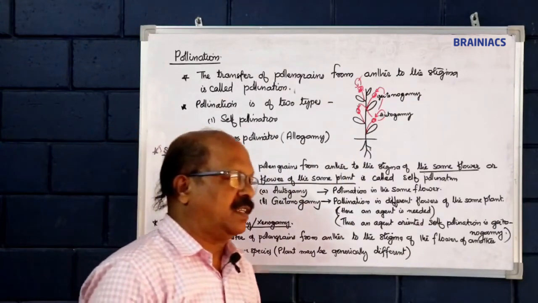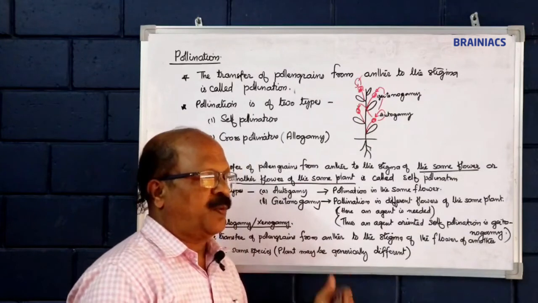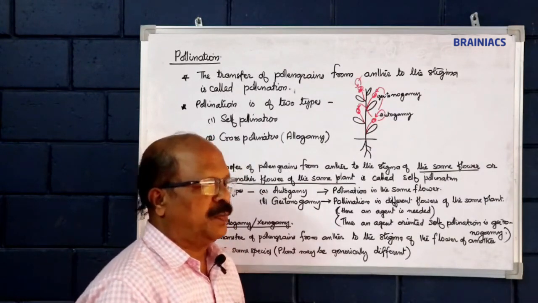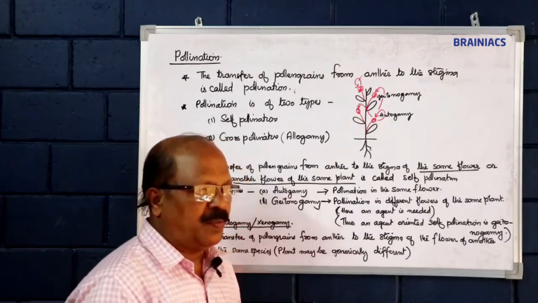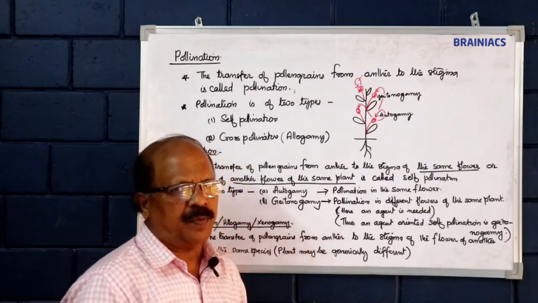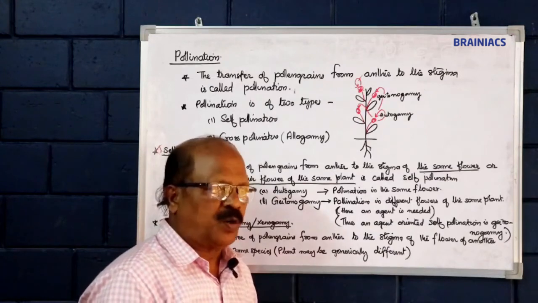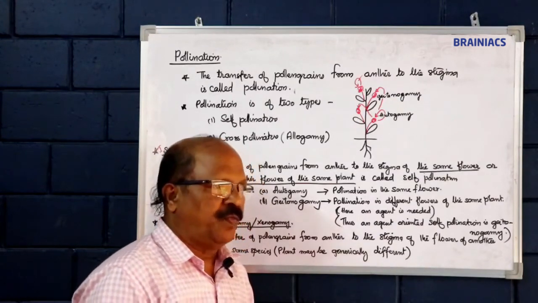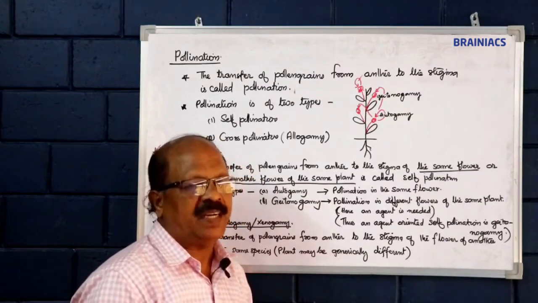Genetic variations, genetically different plants, this process will be going on. So crossbreeding or allogamy or xenogamy are all part of the crop improvement program, or we can say part of the green revolution, in order to produce qualitatively and quantitatively high yielding varieties of plants through this method.